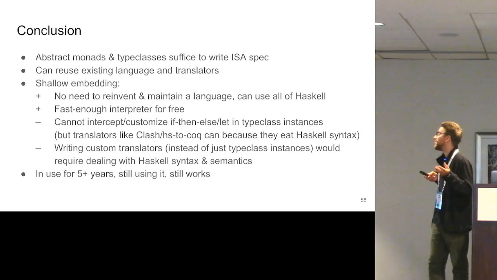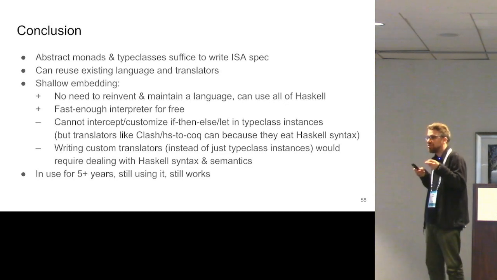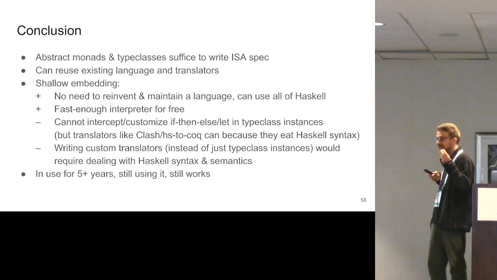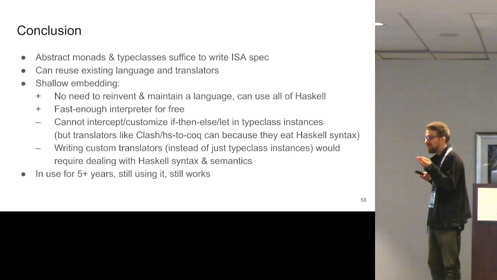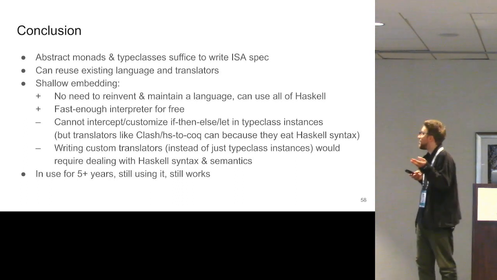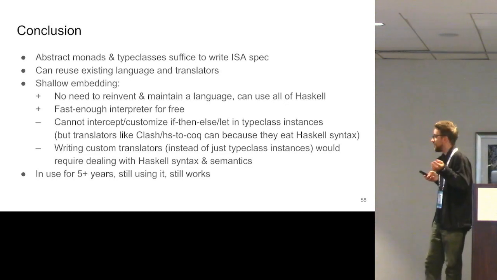But of course, there are a few drawbacks. An important one is that our type class instance, since it's shallow, cannot intercept or customize the meaning of if-then-else or of lambda. But existing translators like Clash or hs-to-coq can, because they eat the Haskell syntax.